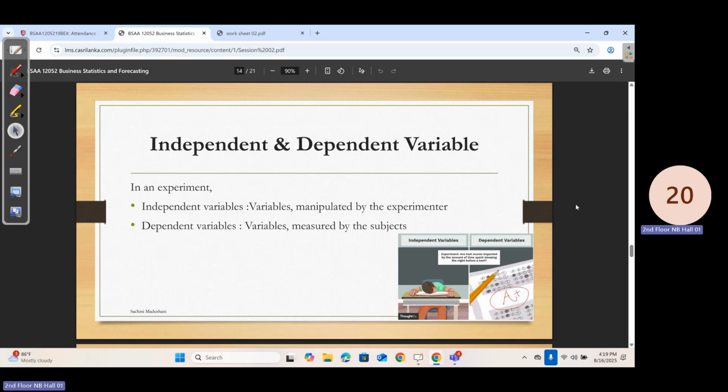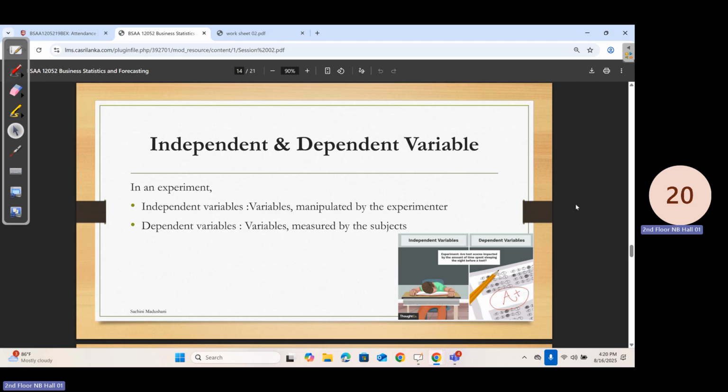Here dependent variable, it depends on the other variable. We take the example, already you know, no? Price and the quantity demand. In economics, already you know the negative relationship. Then here you need to find out the relationship. Then we have two variables, price and the quantity demand.